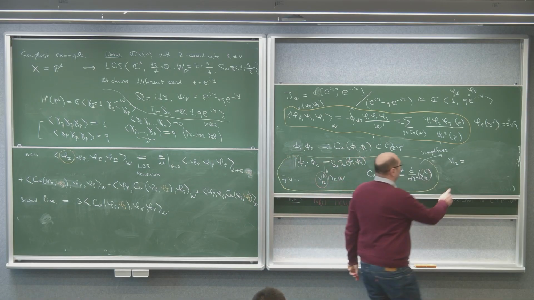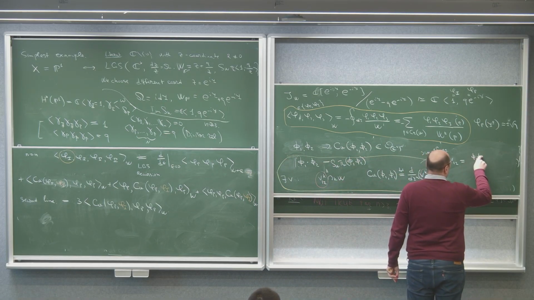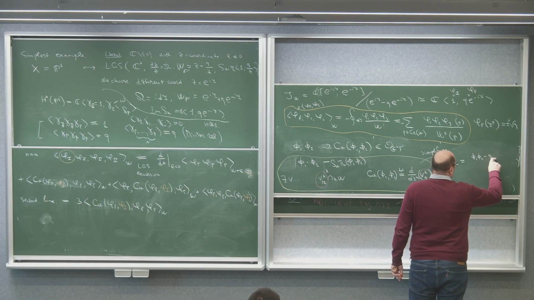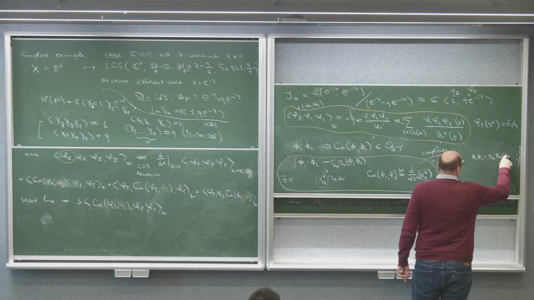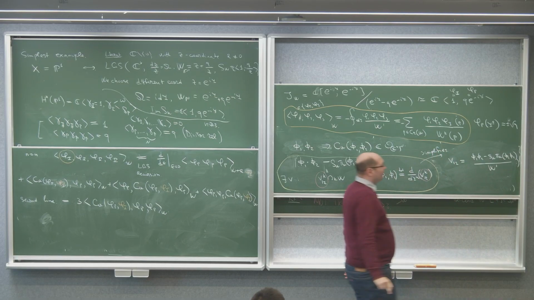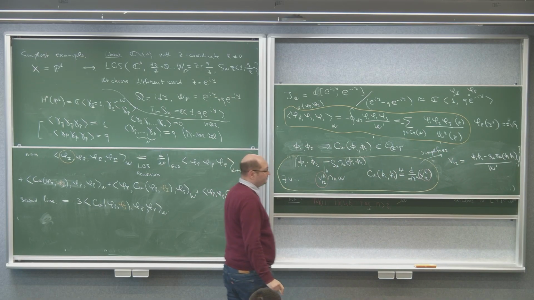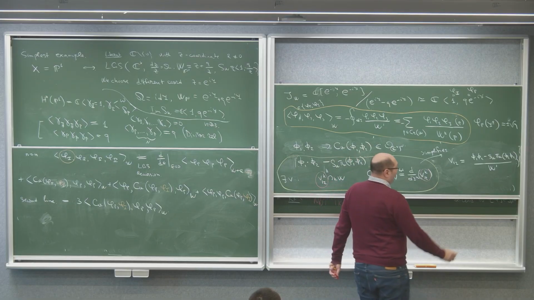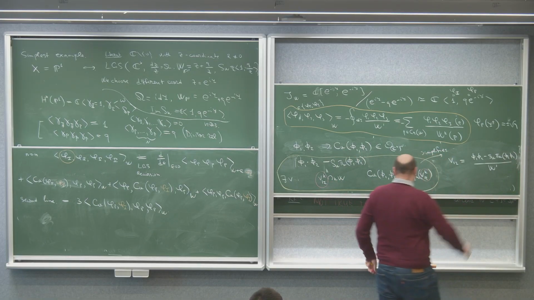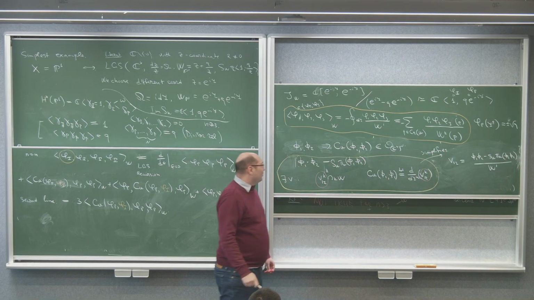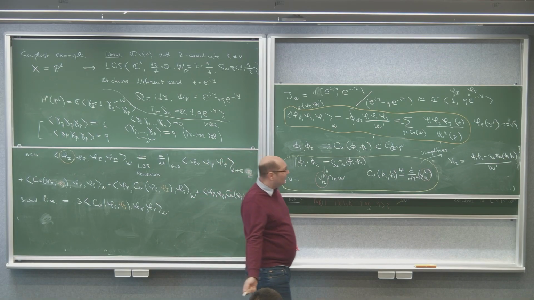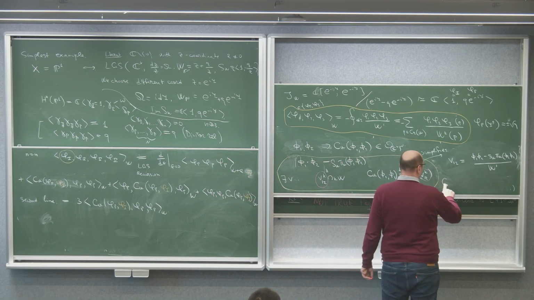So this one is just phi_1 phi_2 minus S_W of pi_W of phi_1 phi_2. And here all we need to do is divide by W prime.